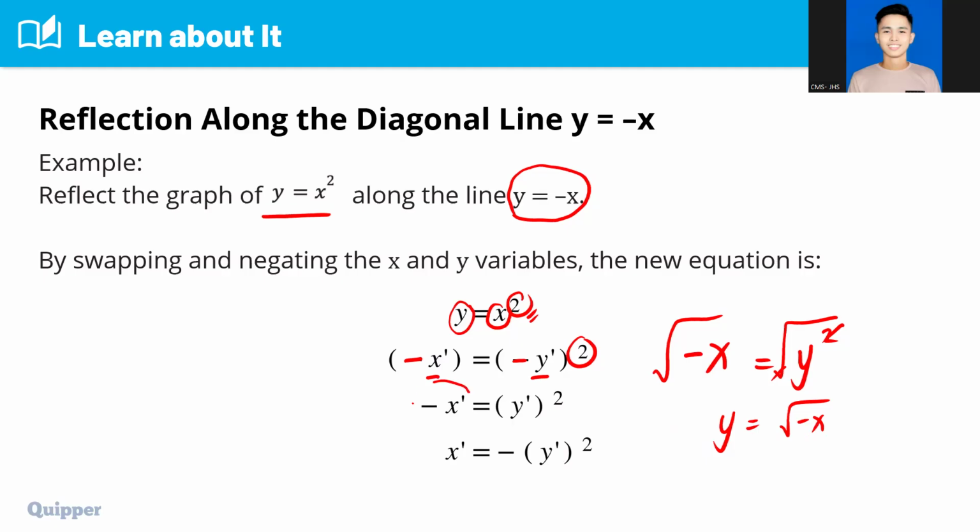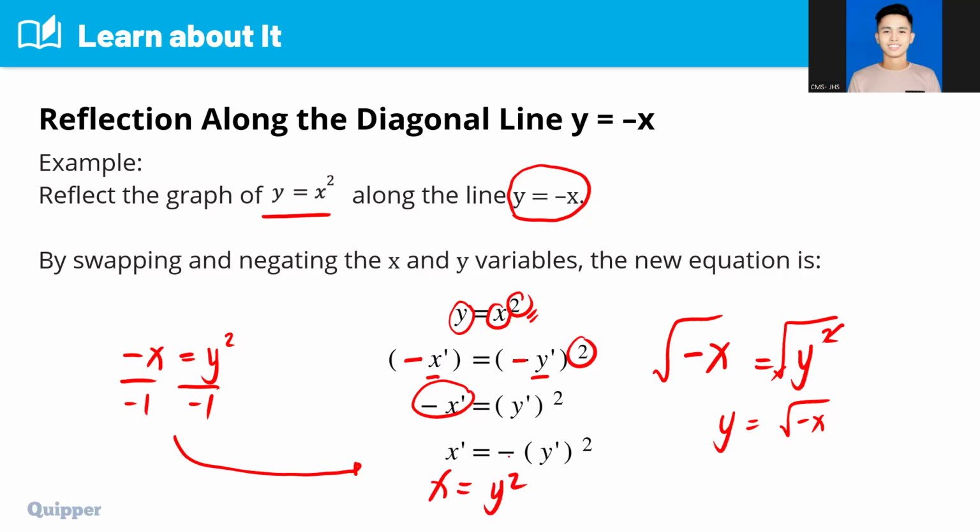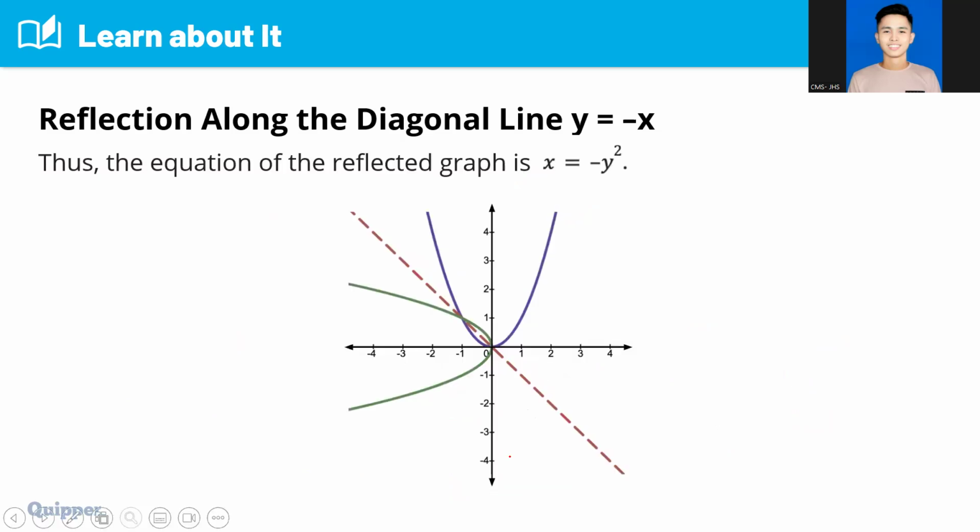Just make sure that x here is positive. So to make x positive, sir, how again? Again, after switching, we got negative x equals y squared. So to make x positive, we need to divide both sides by negative 1, giving us this equation, x equals y squared. So again, we're doing this if we are reflecting along line y equals negative x.